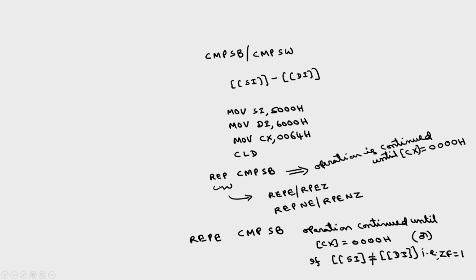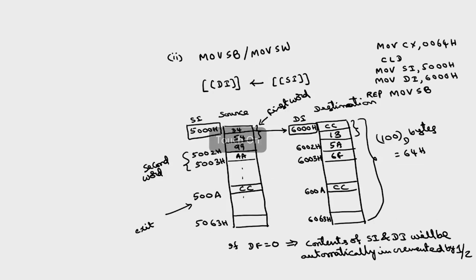If this is equal, then it will quit. So there is an additional thing: these two data should not be equal. Over these 100 bytes, this data should not be equal. At any point if data is equal, even if it has not completed 64 comparisons, it will quit. That is the additional thing in case of repeat equal.